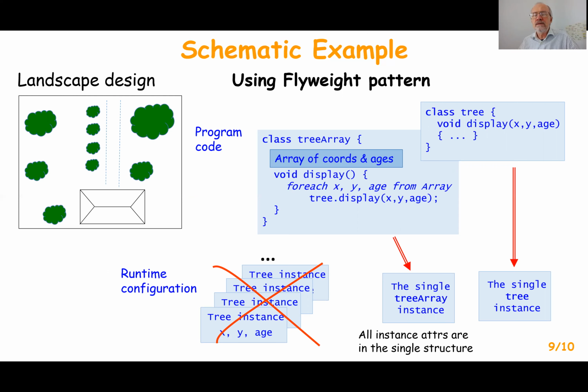TreeArray contains attributes for all instances, and the Tree instance provides the unified behavior for all kinds of trees. That's it. Very simple, very obvious, and very easy to implement. So I recommend you think about using this pattern every time you deal with a great number of small or lightweight objects. That's basically it.